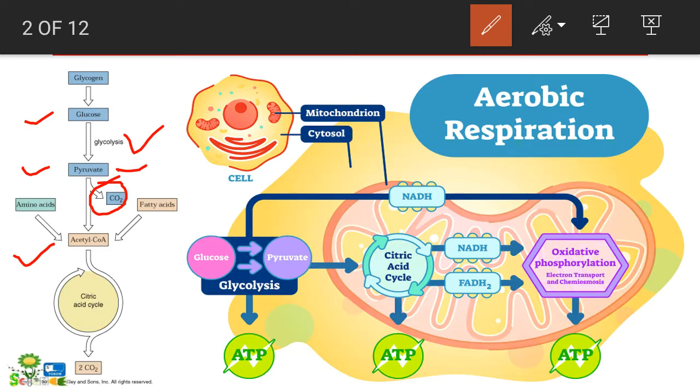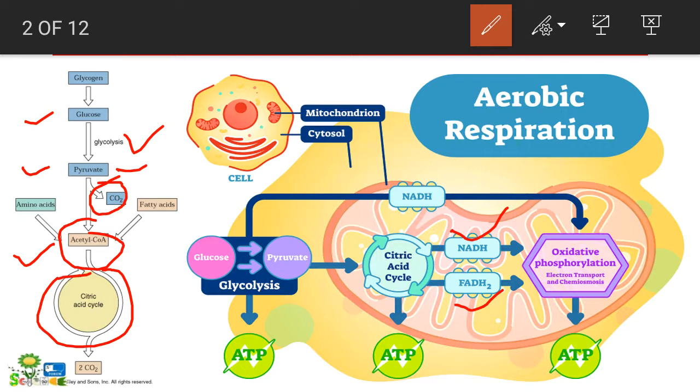In the Krebs cycle, acetyl coenzyme A combines with the 4 carbon oxaloacetic acid, and via this process there is formation of NADH and FADH2. The NADH and FADH2 enter the electron transport chain in the mitochondria, also known as oxidative phosphorylation or chemiosmotic ATP synthesis.